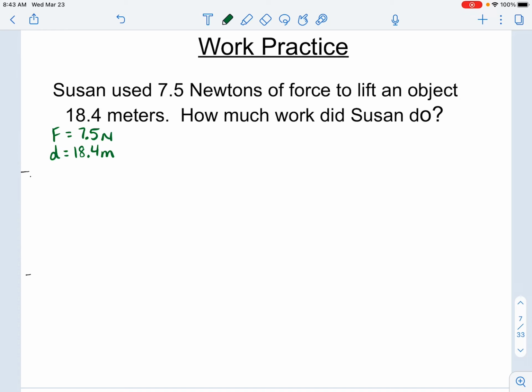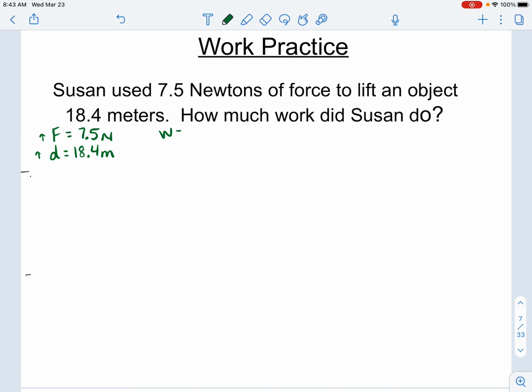So it says here that Susan performed 7.5 newtons of force to lift an object. So this force is going to be an upward force. And if she's lifting an object 18.4 meters, it is implied that this is the vertical displacement that Susan moved the object. So that is also going to be vertical.